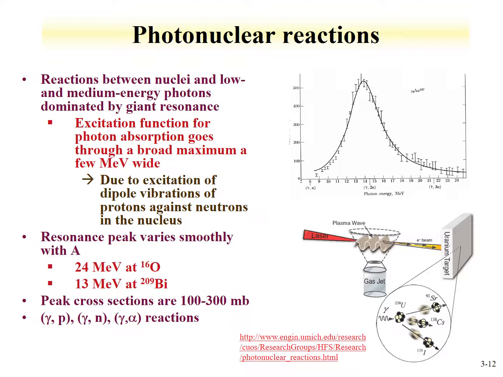The resonance peak varies pretty regularly with the A of the target: 24 MeV for oxygen-16 and 13 MeV for bismuth. Here only gamma-n reactions are shown, but there are actually a number of different reactions possible, including proton, neutron, and alpha reactions.